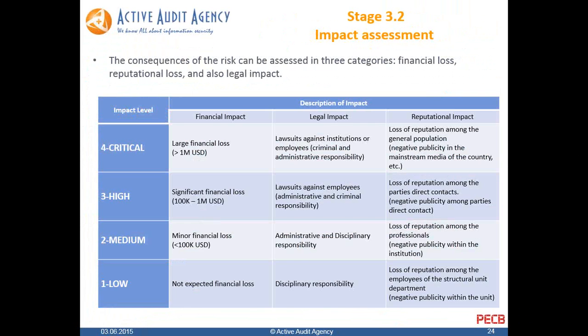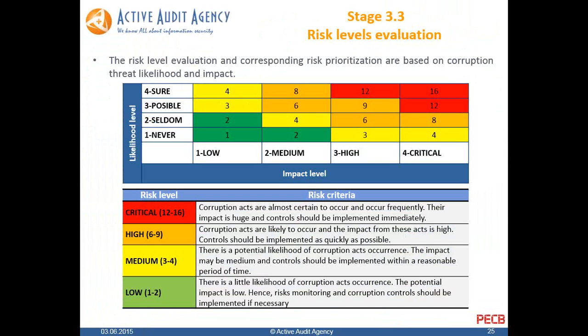Then the risk level evaluation and corresponding risk prioritization are based on corruption threat likelihood and impact using metrics. Depending on risk likelihood and impact, we get the next levels of risks. Critical: corruption and fraud acts are almost certain to occur and occur frequently.